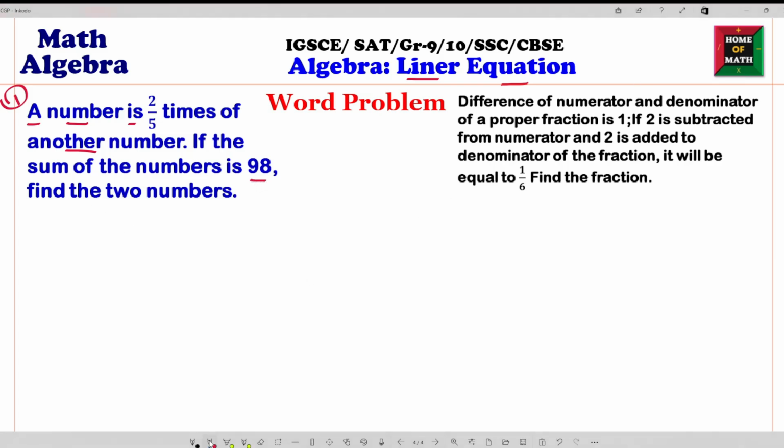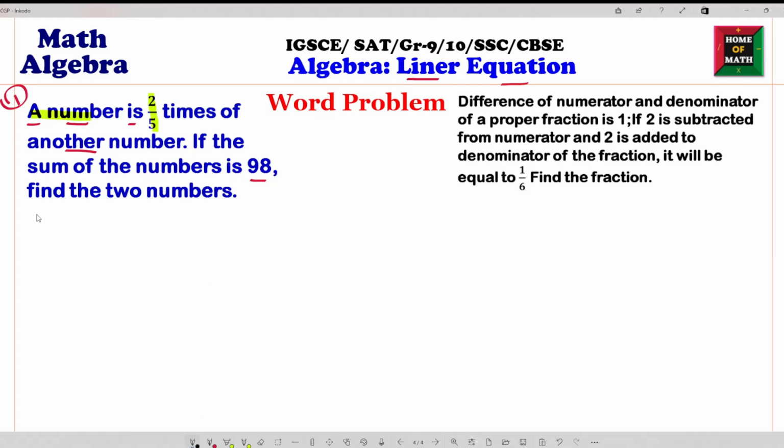So here are three things we have to carefully understand. First of all, a number which is 2 by 5 times of another number. So a number, another number, and the summation of two numbers.